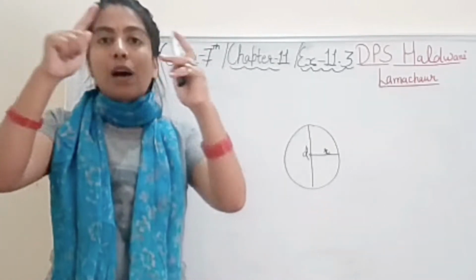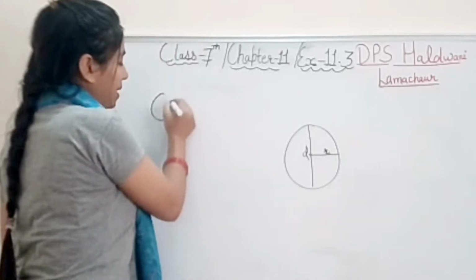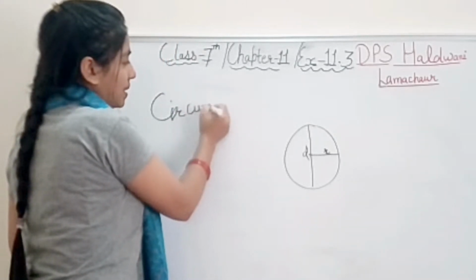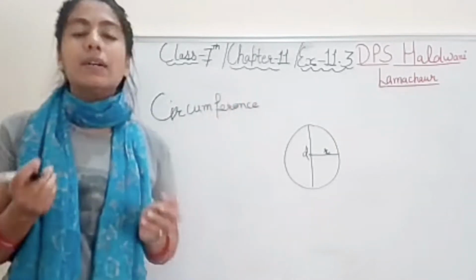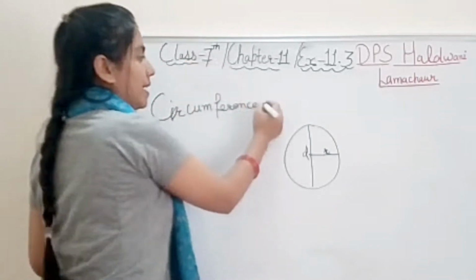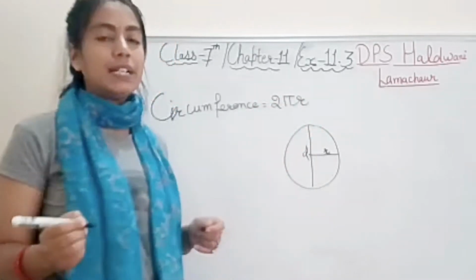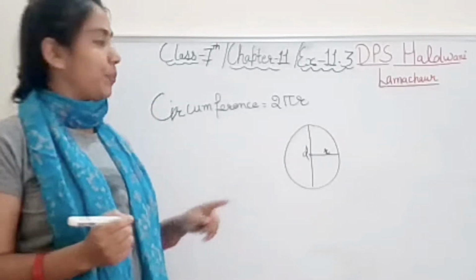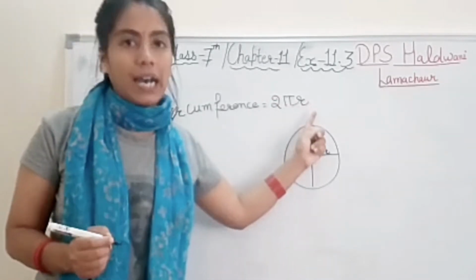Circumference means the outer boundary of the circle. Right students? So perimeter we will say circumference. So what is the circumference of circle? That is 2 pi r. Students, this is a new term for you. Circumference of circle is 2 pi r.